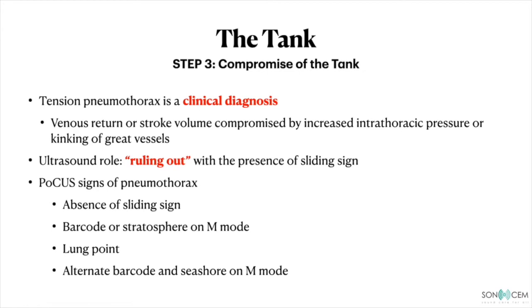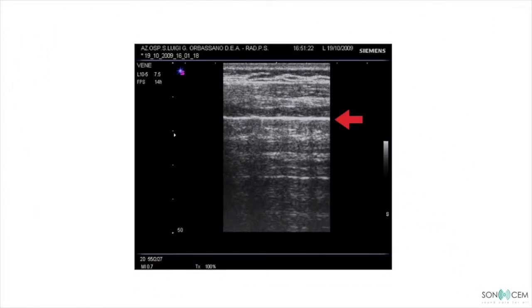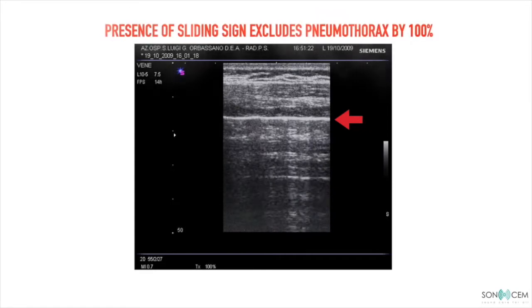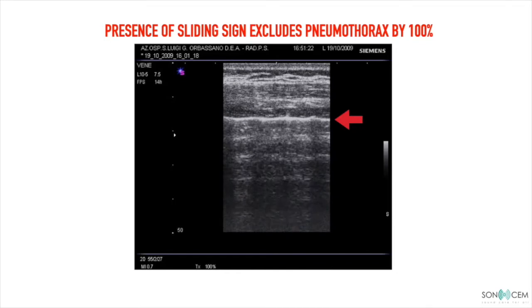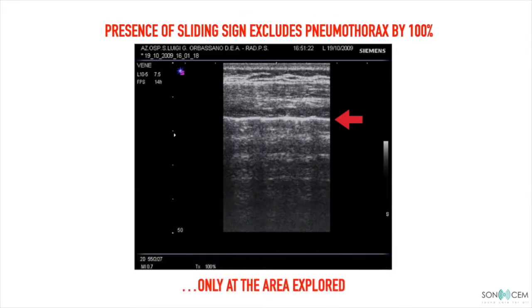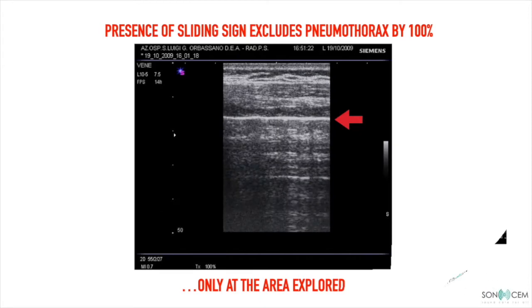Please note that absence of sliding sign is not enough to say that it is a pneumothorax, as so many other conditions can cause absence of sliding signs, such as pneumonia, lung contusion, and also pleural disease. So this is what sliding signs look like. Okay? The presence of sliding signs excludes pneumothorax by 100%, but only at the area explored.